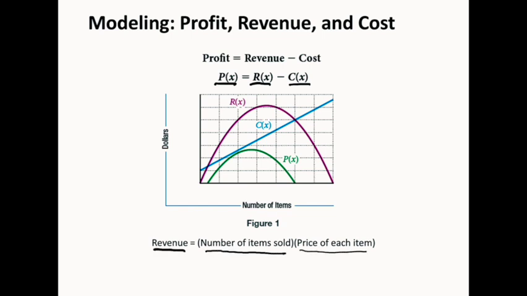The revenue function is based on the number of items sold times the price of each item. So for example, if there were 100 items sold for $9 each, that would be 100 times 9, which would be a revenue of $900. But if there were 500 items sold for $11 each, then we would have a different revenue, which would be 5,500.